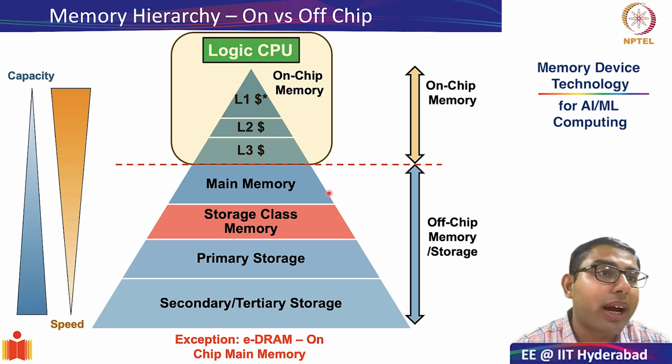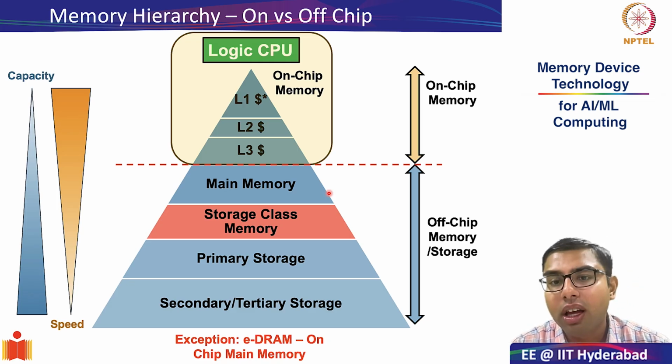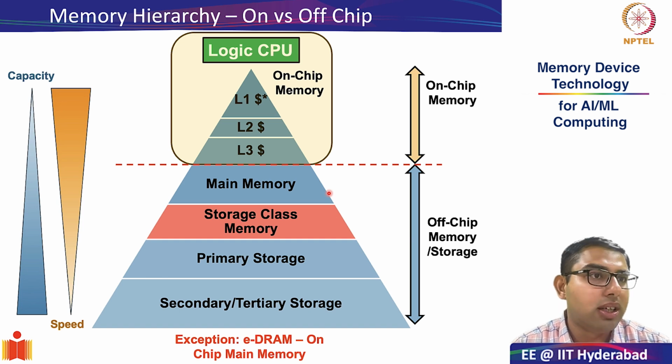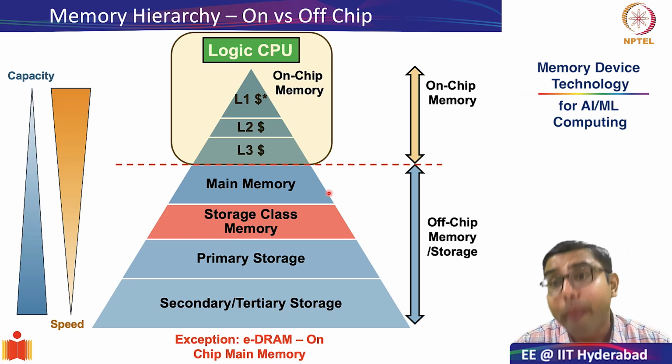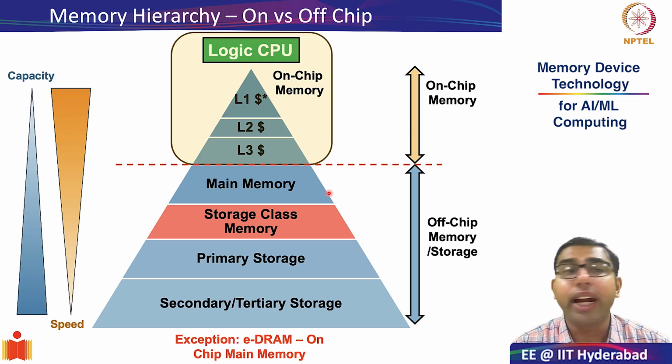Although I might have already given you a hint, I want you to take a moment, pause and think: why can't we include something like DRAM technology on-chip as well? There is a clear advantage in doing so, and the advantage is in latency. You would also want your main memory to function with very low latency, right?